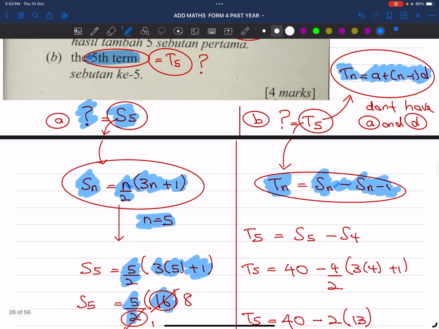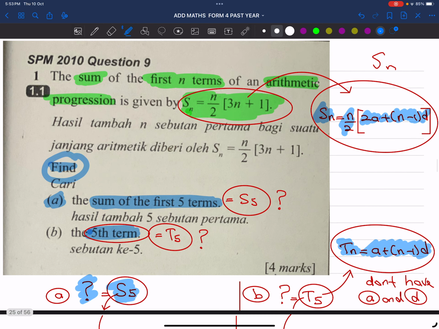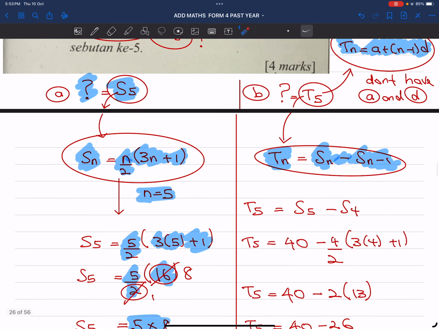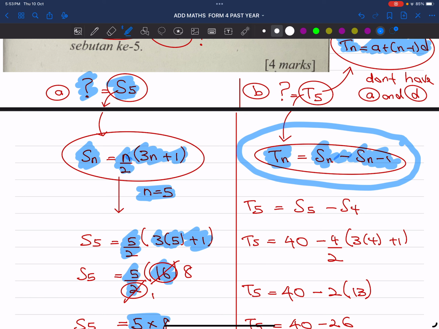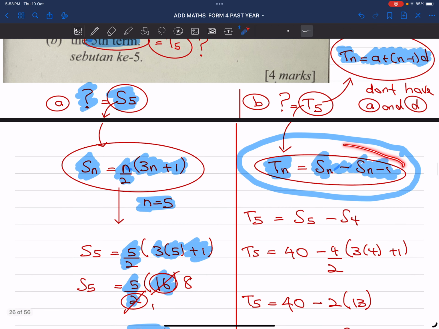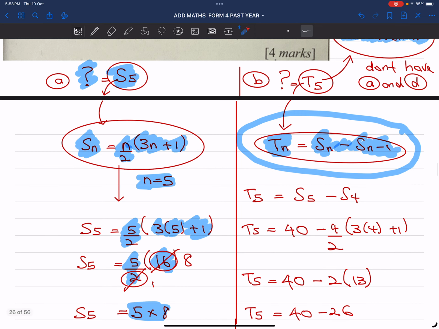Since we are given the formula Sn, of course we must use the formula Sn minus Sn minus 1. So we must use the formula involving S. Therefore, T5, you watch: Tn equals Sn minus Sn minus 1.